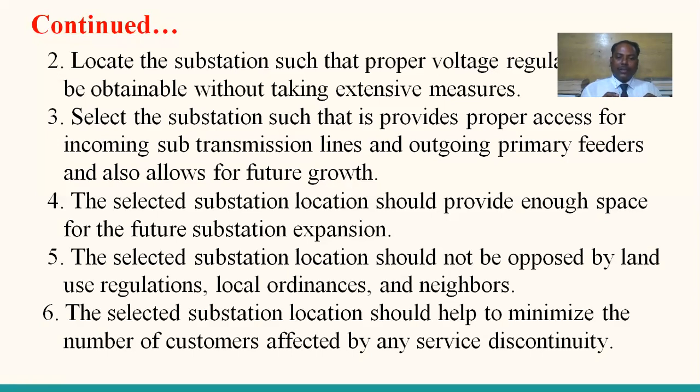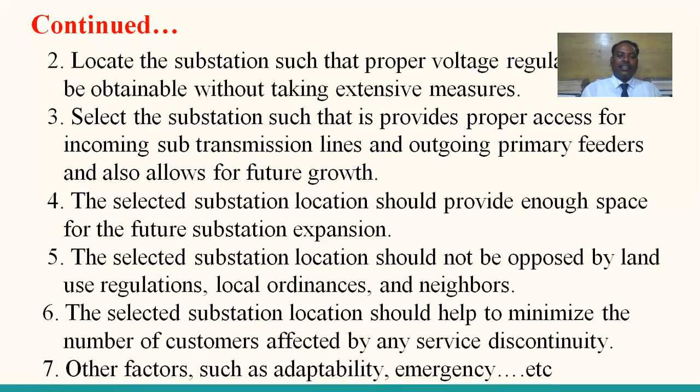So the selected substation location should help to minimize the number of customers affected by any service discontinuity, and also the other factors such as adaptability, emergency, etc. So while locating the substation, you check how many substations are surrounding the new substation.